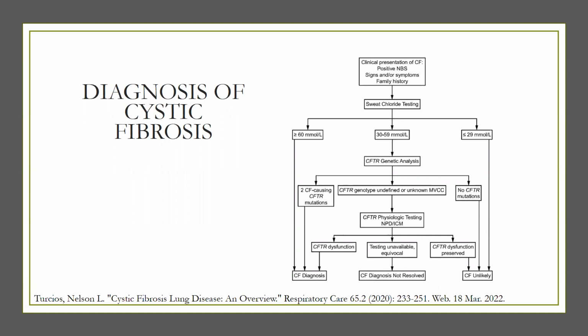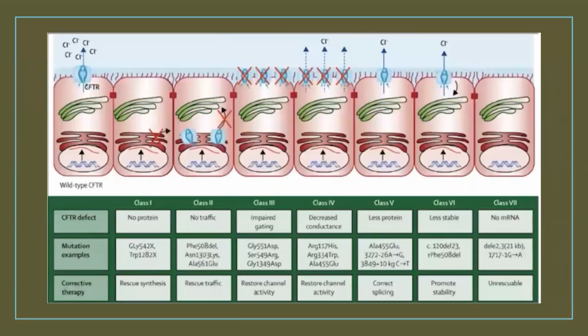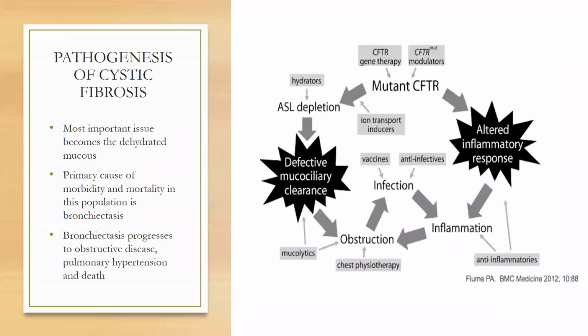That was the earliest form of detection of cystic fibrosis in the 1940s, people with very salty sweat. That was the first time it was ever documented. After that, depending on your sweat chloride testing, you would undergo genetic analysis. By that point, they're probably at a CF center they've been referred to, to look at all of the mutation examples in our previous slide.